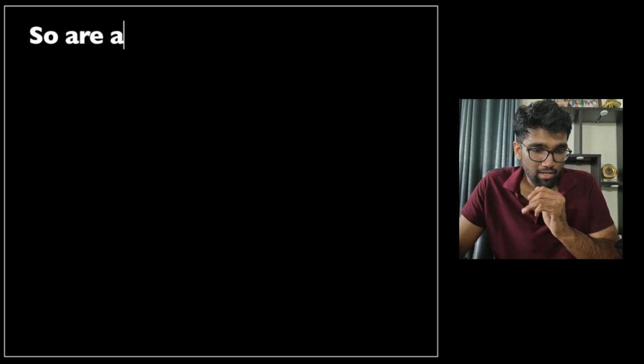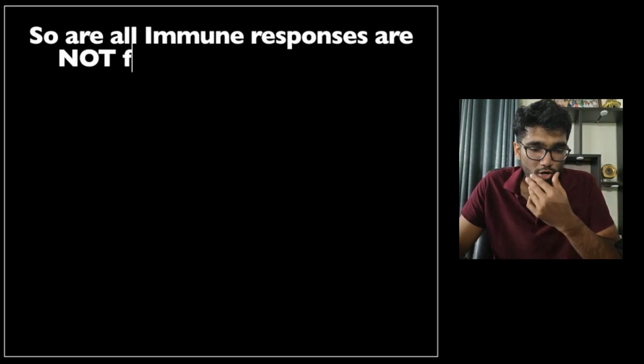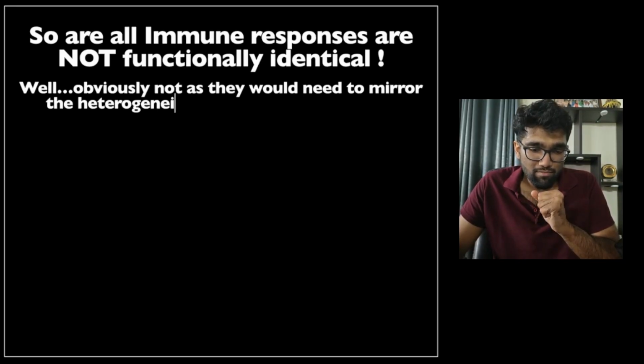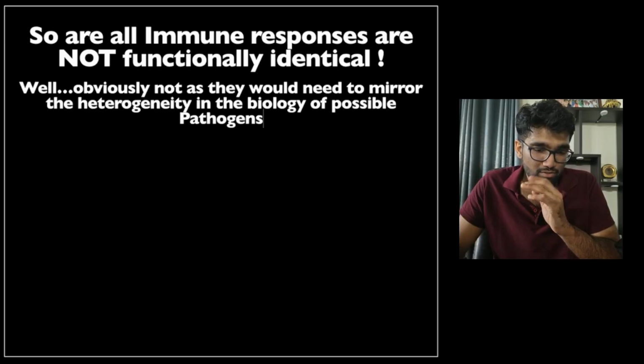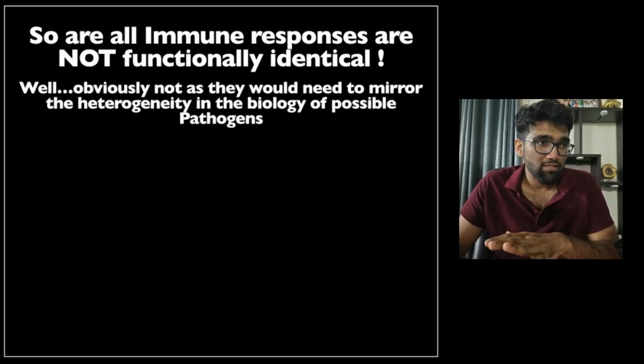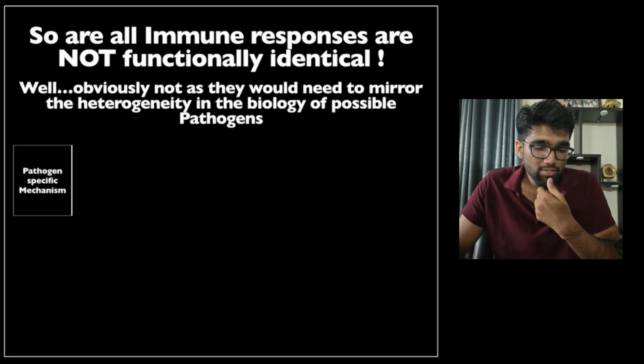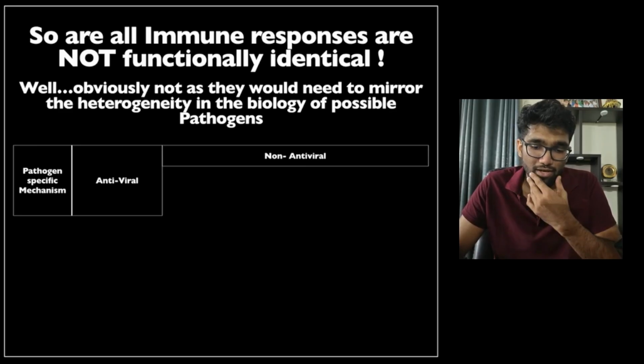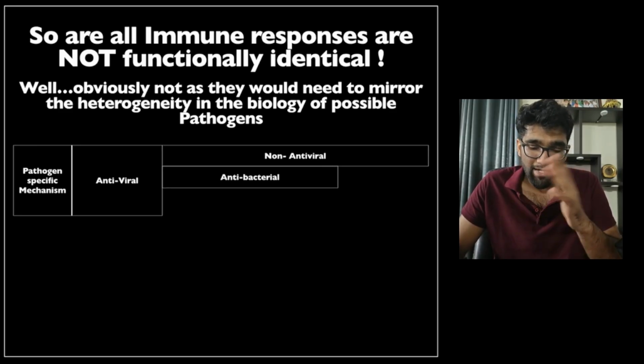So in a very broad overview, all immune responses are not functionally identical. They mirror the heterogeneity of the biology of all possible pathogens. Okay, so what does that mean? I divide immune responses into antiviral responses and non-antiviral responses.